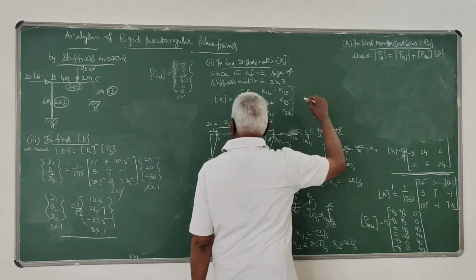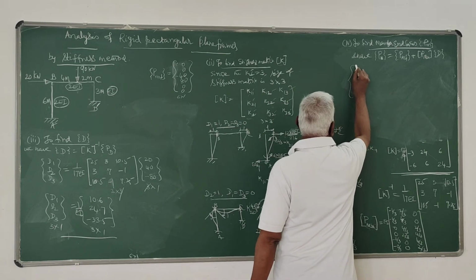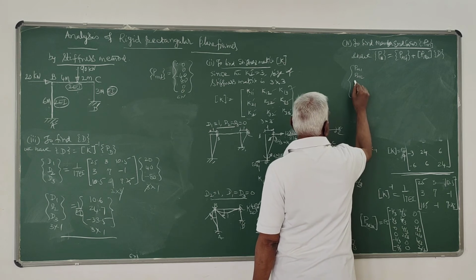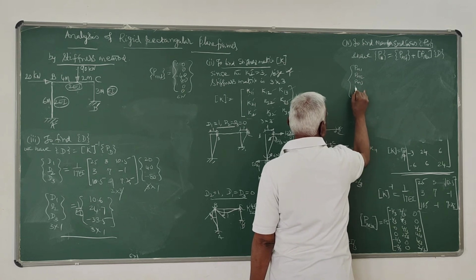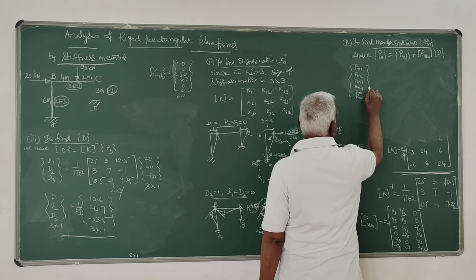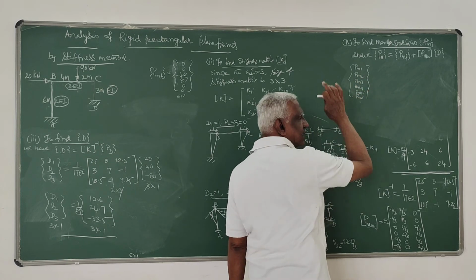So this PM, what you have to determine, that is nothing but the forces corresponding to PM1, coordinates 1 to 6: PM1, PM2, PM3, PM4, PM5, PM6. That is nothing but your MAB, MBA, MBC, MCB, MCD, MDC.